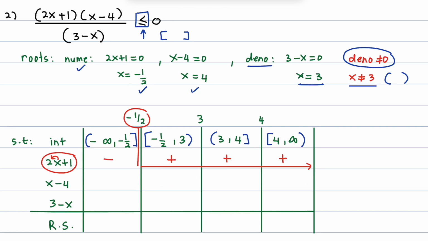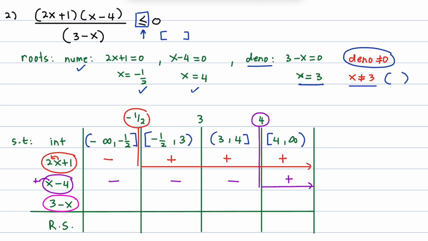Now let's look at the second one. x - 4, your root or zero is 4. Now bring it down for the factor x - 4 and to the right. Because your x here is positive again, to the right is positive. The rest is going to be negative. Alright, now the last one would be 3 - x.